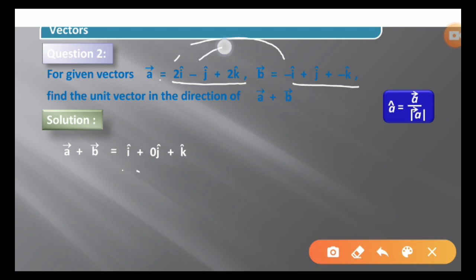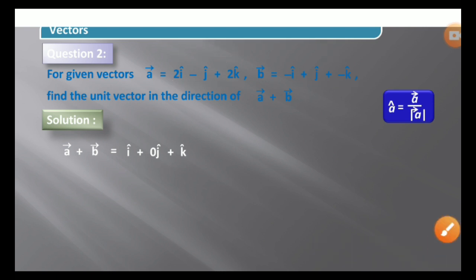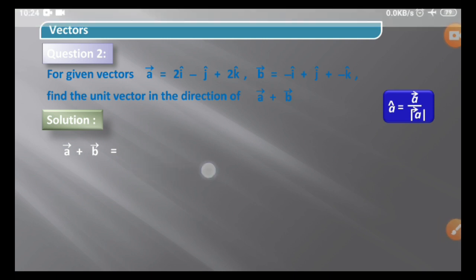Minus 1 plus 1 becomes 0, so it is 0j. Next, plus 2k minus 1k becomes plus 1, so it is plus 1k. Therefore, A plus B vector is equal to i plus 0j plus 1k.